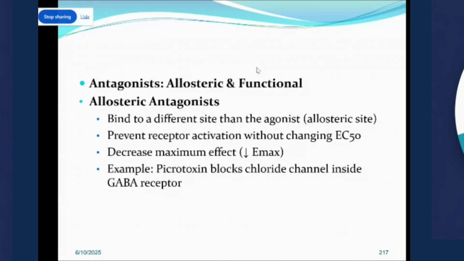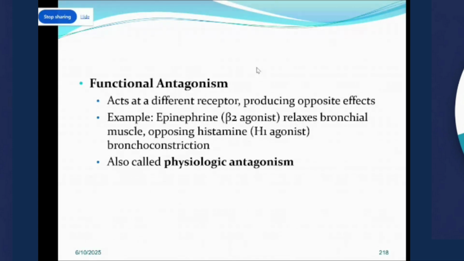Okay. Then functional antagonists. These work at different sites, but they produce opposite effects. Example, epinephrine relaxes bronchial smooth muscle. Now, when you look at epinephrine on the bronchial smooth muscle, that is sympathetic stimulation. It opens the airway. But what are the effects of histamine?